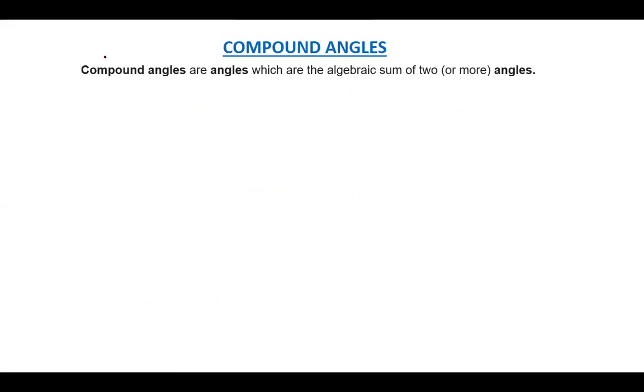So meaning when you have, let's say, 30 plus 60, something like cos of 30 plus 60, this is one of the examples of compound angles. This can also be written as cos 90. So cos 90 can, in other words, be written as cos of 60 plus 30. These are what are known as compound angles.